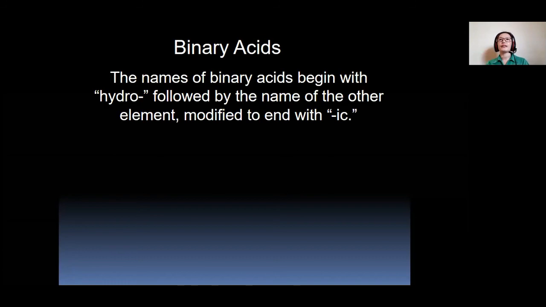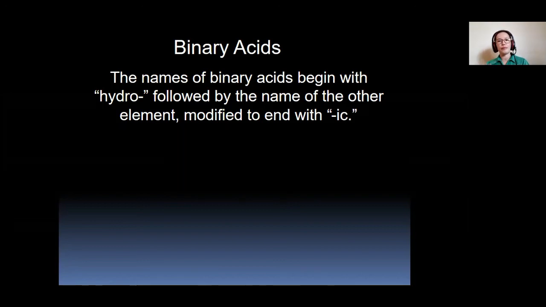So, for binary acids, you begin naming by using the word hydro. So, the first will be hydro, and then the name of the element, and then the last is IC ending. The non-metallic element will end in IC. Hydro, and then the name of the element, and then the name of that element will end in IC suffix.